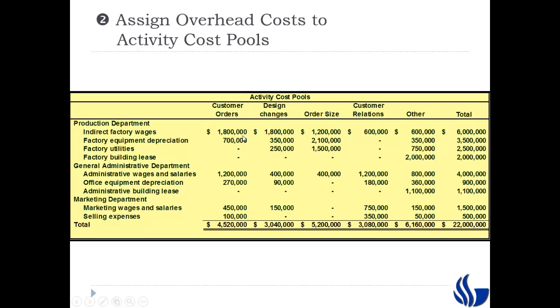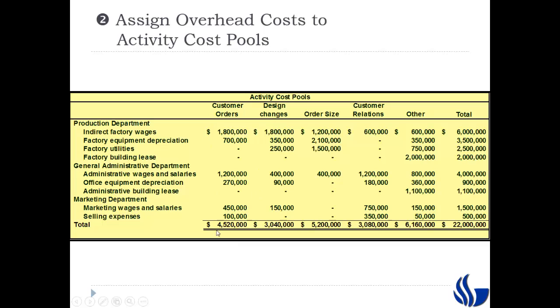Of course, doing this by pencil and paper would take a long time, but someone would probably set this up in some sort of Excel spreadsheet or enterprise resource planning software, and it would, of course, make this much more automated. But at any rate, what we have now in this table here is the total amount of cost of that $22 million in total indirect cost.